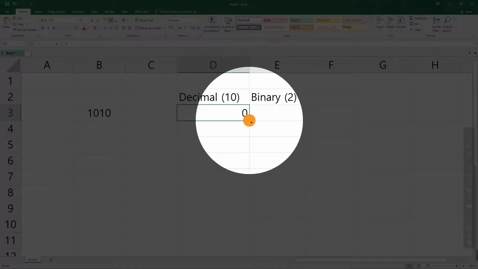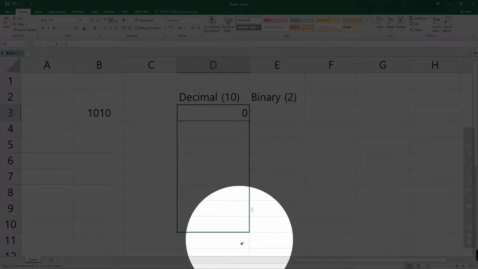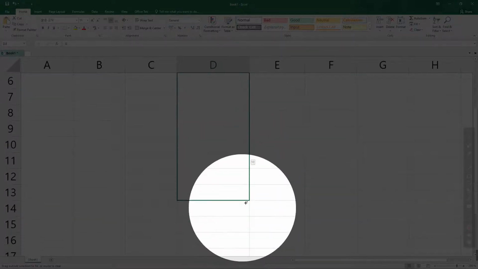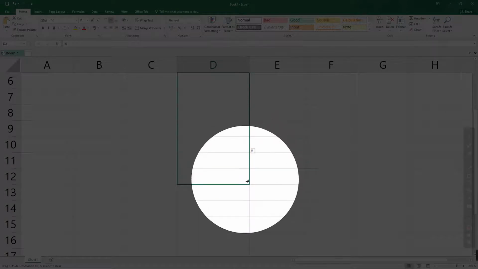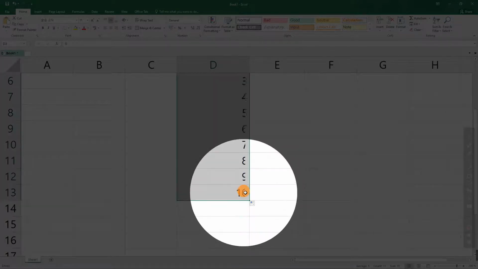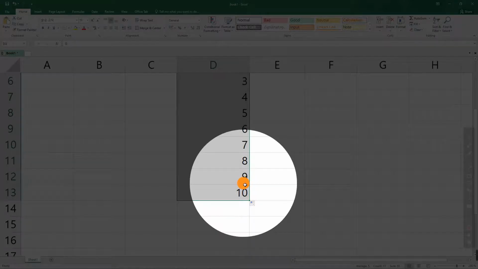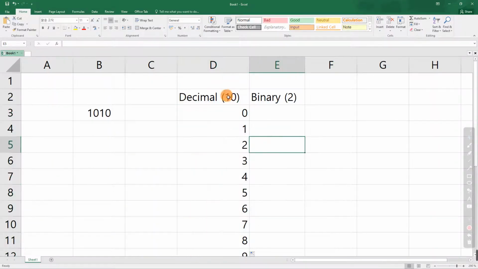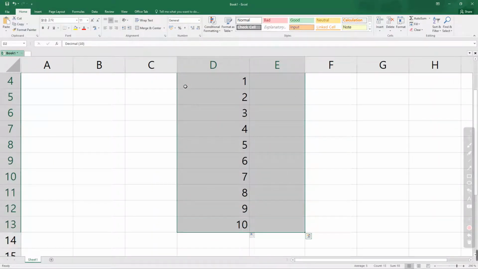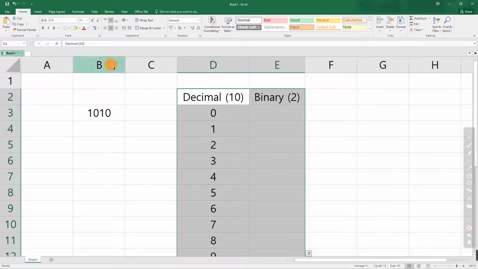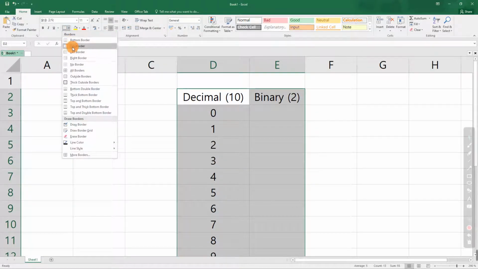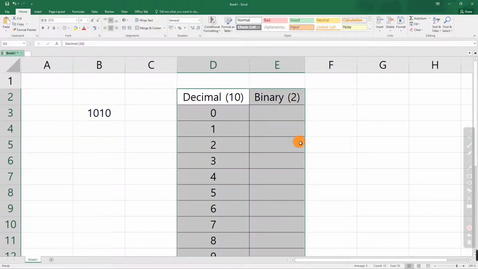Then hold Control, and you will drag it down until you reach 10, right? Okay, 9 and 10. Okay, that's enough for me. Then I will center it, and I will use borders here, all borders.